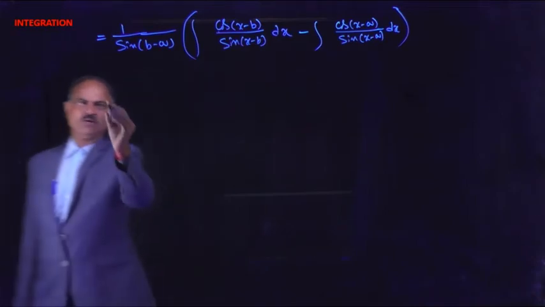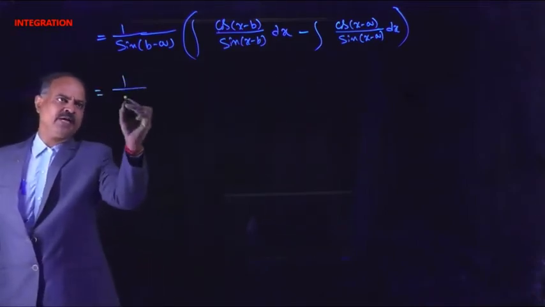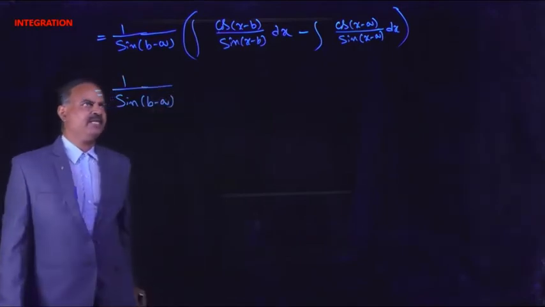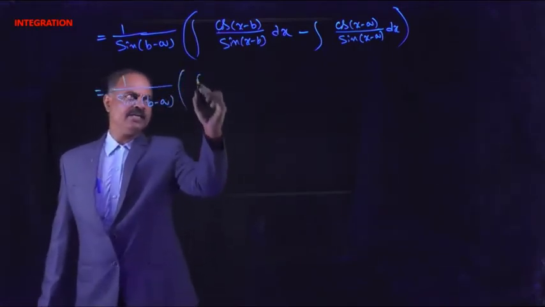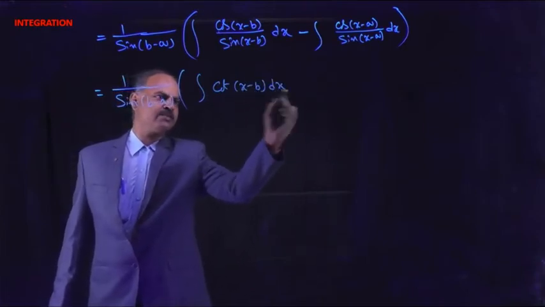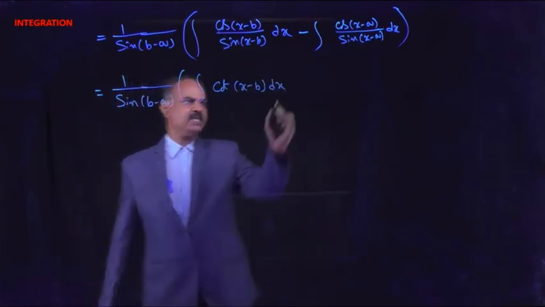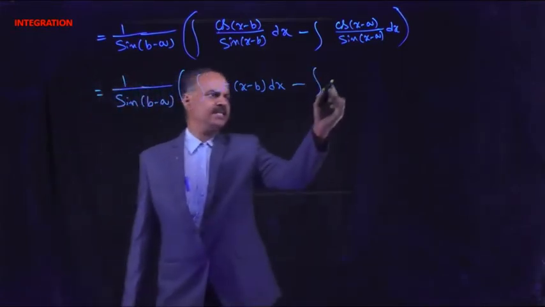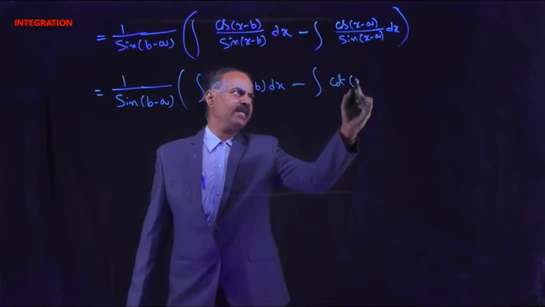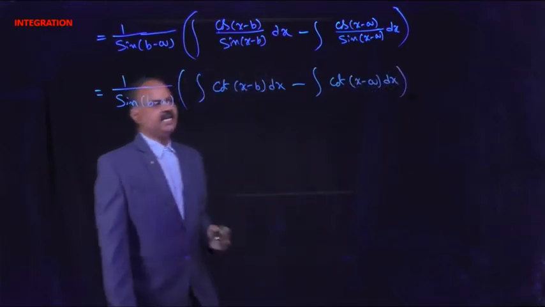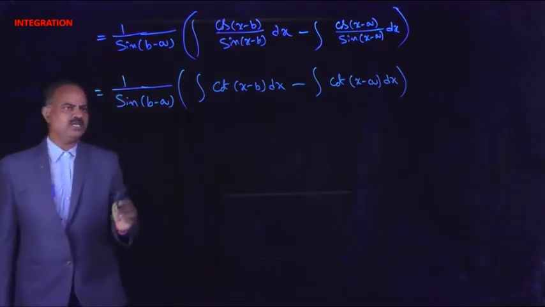Now this is equal to 1 by sin(b minus a) into integral cot(x minus b) dx minus integral cot(x minus a) dx. We know that integral cot x equals log modulus of sin x.